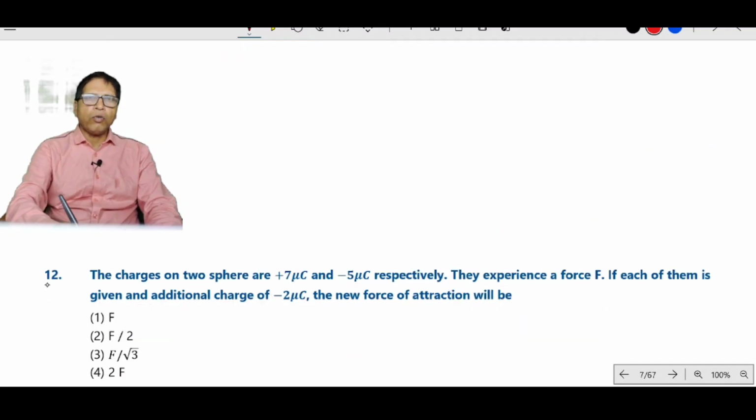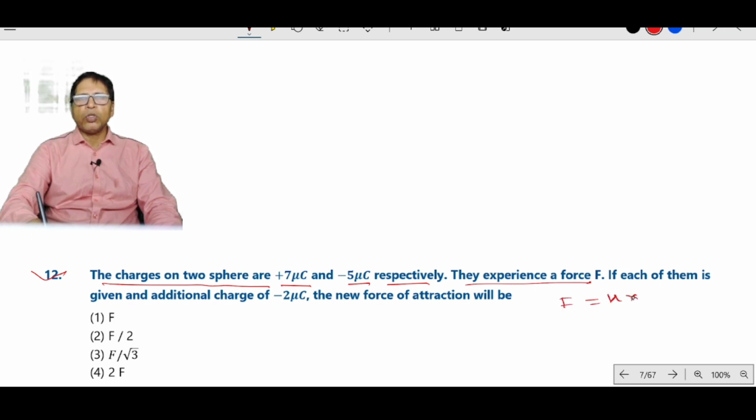Now question number 12. The charges on two spheres are 7 microcoulomb and minus 5 microcoulomb respectively, and they experience a force F. So F becomes K into 7 into 5 divided by r square. Now each of them is given an additional charge of minus 2 microcoulomb.